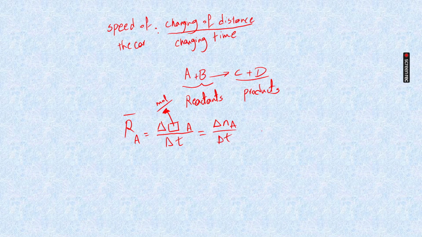And for A, please pay attention. For A, the changing is delta nA over delta T. The delta nA should be n2 minus n1 for A over T2 minus T1.